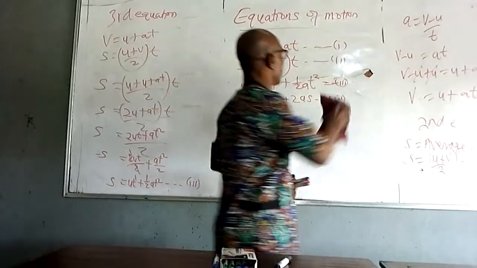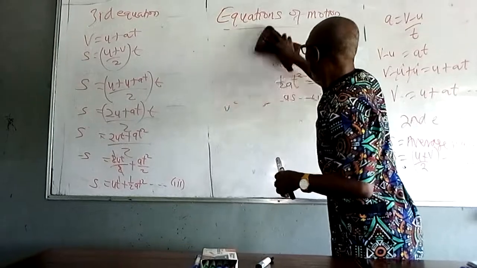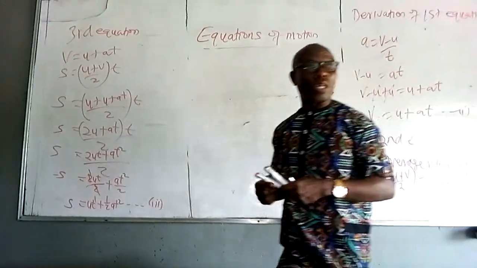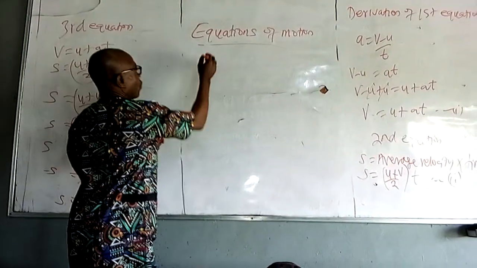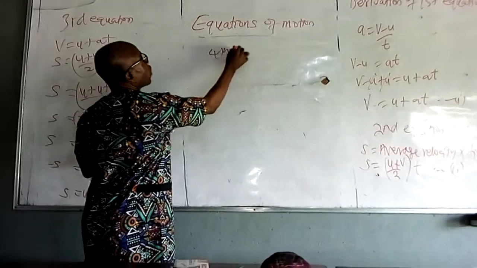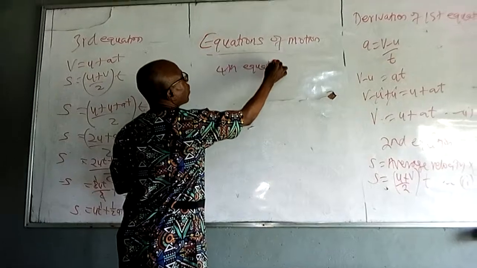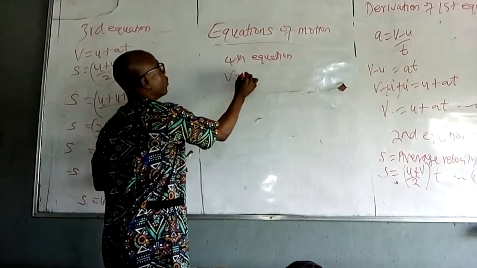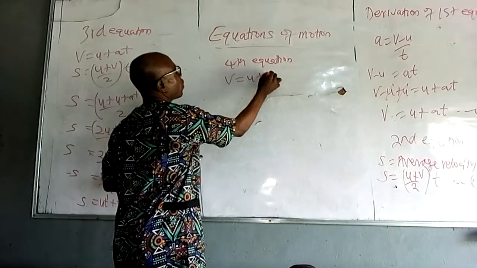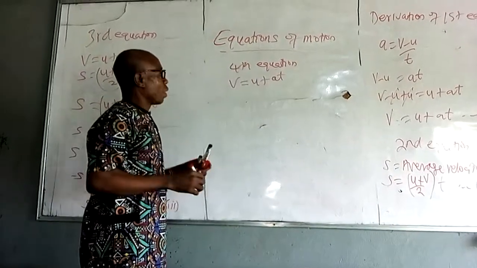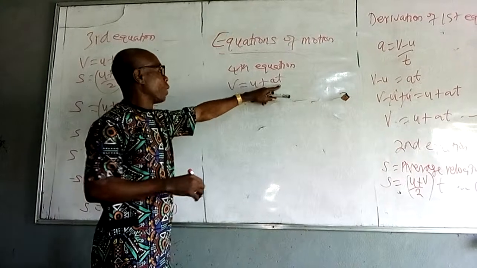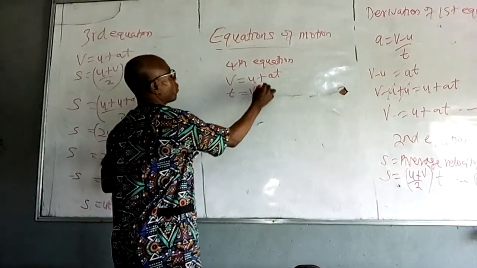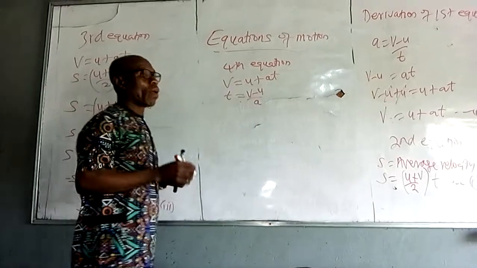To derive this last one, we'll make use of the first and second equations again. That is the fourth equation now. From the first equation we have v is equal to u plus at. Making t the subject, we have t is equal to v minus u all over a.